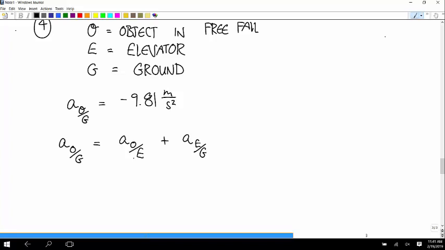And you know that equation works because the fraction multiplication works. And so you get negative 9.81 is equal to the acceleration of the object relative to the elevator plus the acceleration of the elevator relative to the ground, given that that's up at 2 meters per second squared, so plus 2.